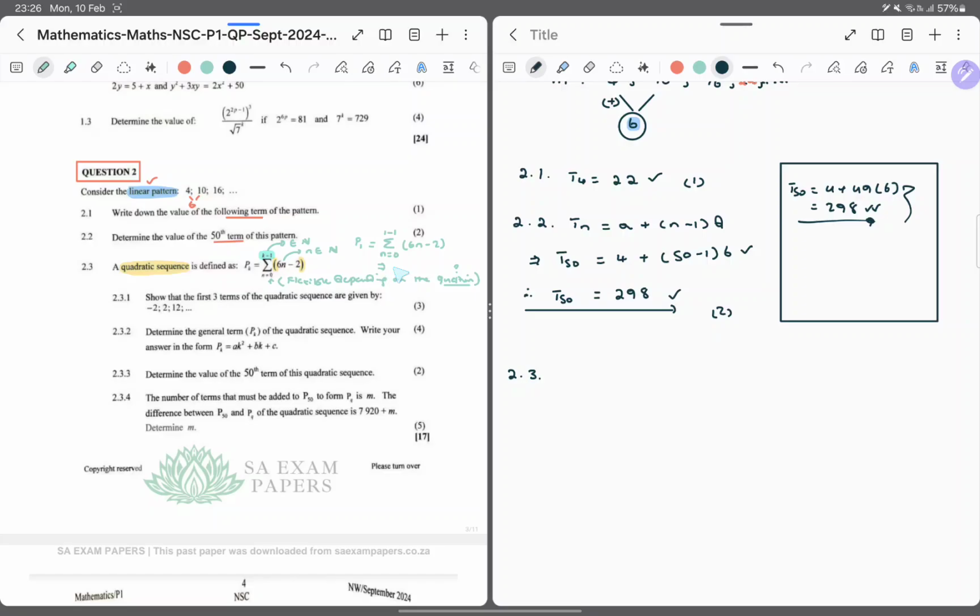Now this brings us to the sigma of 0 starting from n equal to 0 of 6n minus 2. Do you see, guys, that we have a problem now? Because do we ever sum 0 terms in an arithmetic sequence? We never do that.